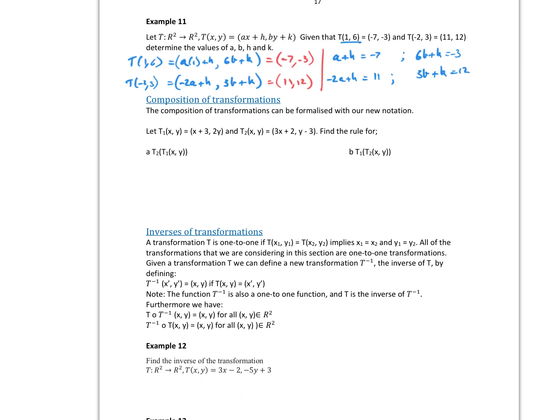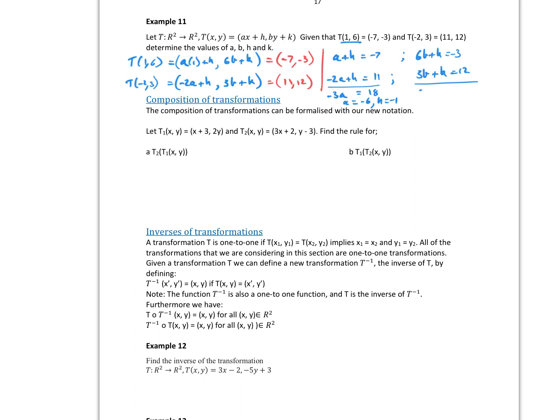If I subtract off the first lot to eliminate the h's, I'll do bottom minus top. -2a minus a is -3a equals 11 minus -7, which is 18. A will equal -6, and if I substitute that into the top one, -6 plus h equals -7. H will equal -1.